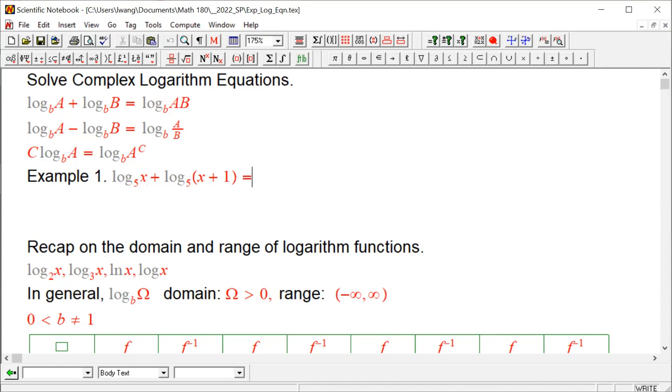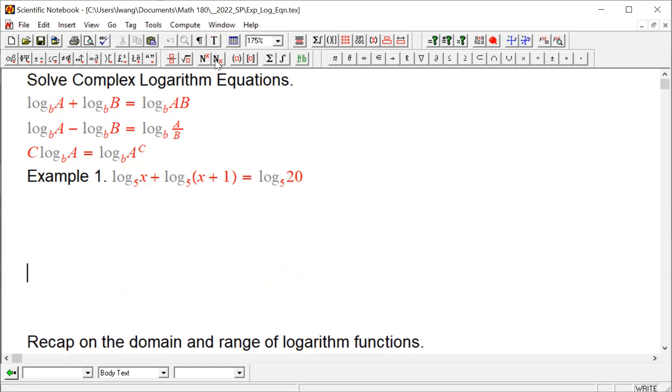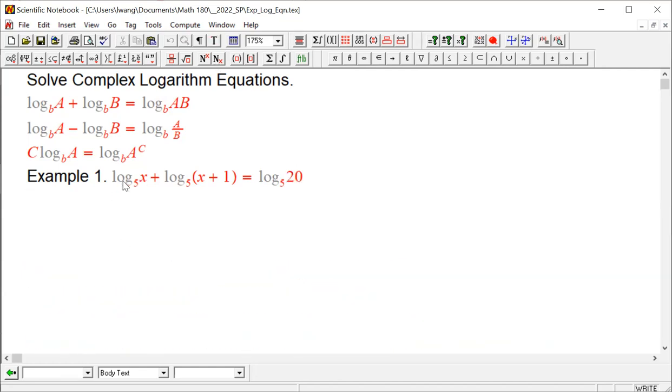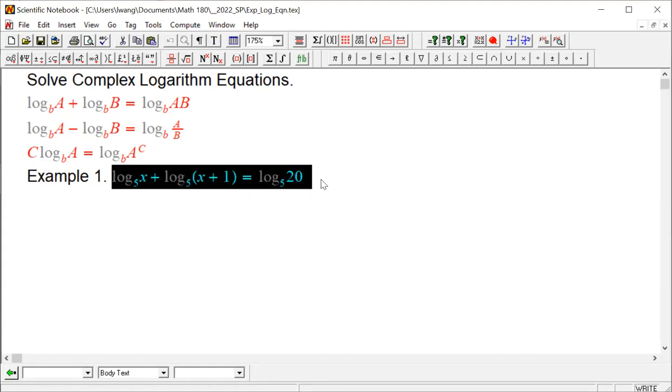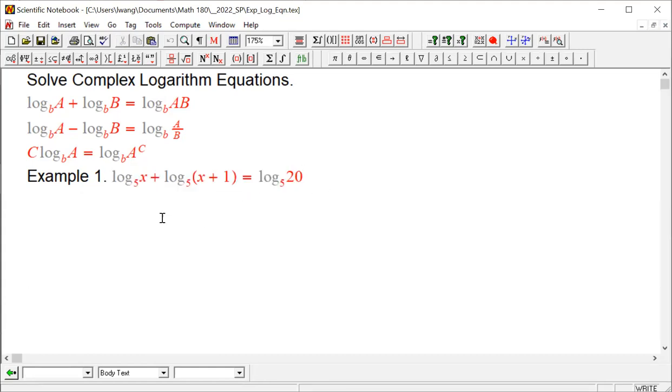On the other side, it equals log base 5 of 20. So this is a logarithm equation. Of course, we can see it from different perspectives. We can see this as a function, and that's the output given, solving for x. So this is an if statement.